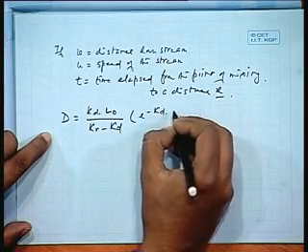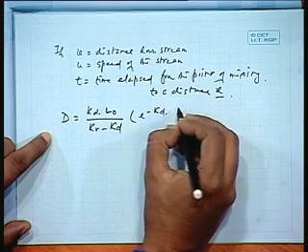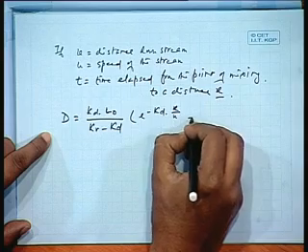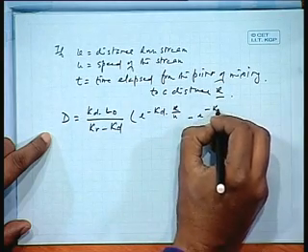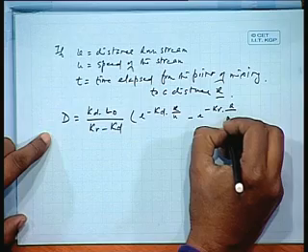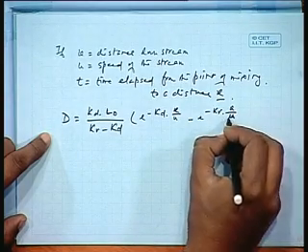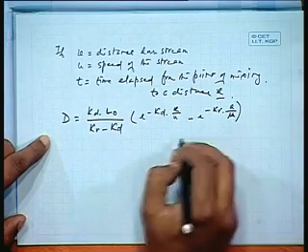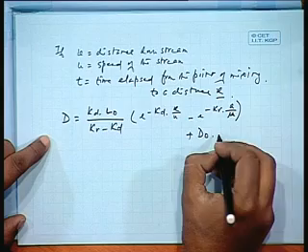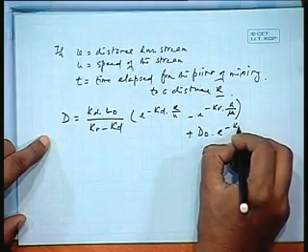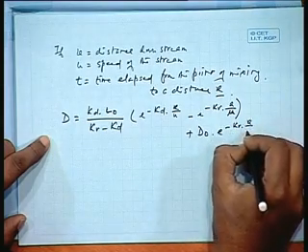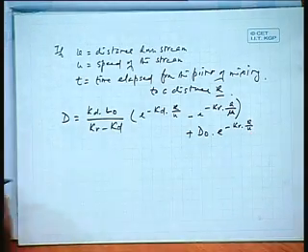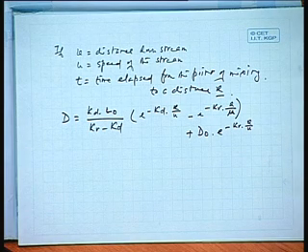t is essentially x by u. So the equation becomes e^(-kd x/u) minus e^(-kr x/u), sorry, it is only u, and plus D0 e^(-kr x/u).